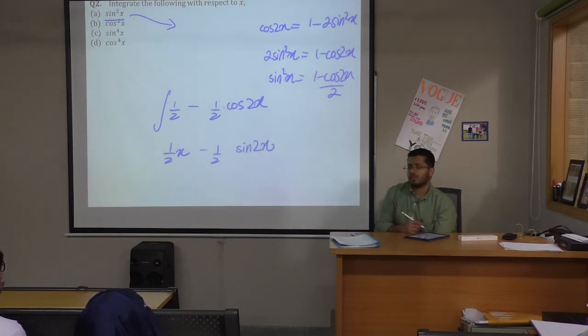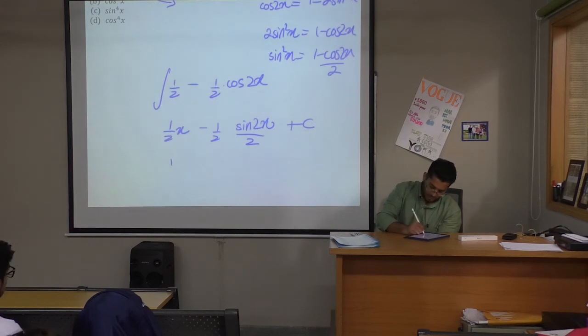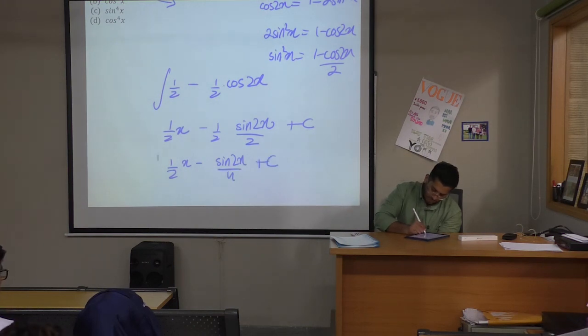If this was differentiation, you would multiply it by the differentiation of 2x. But in integration, you divide by 2. Add c to it. So you're left with half x minus sine 2x upon 4 plus c.